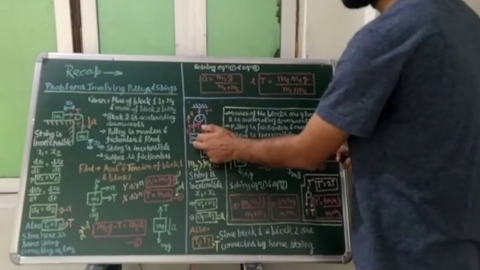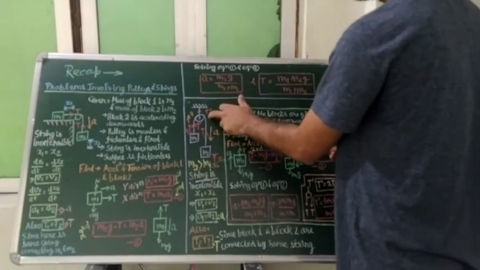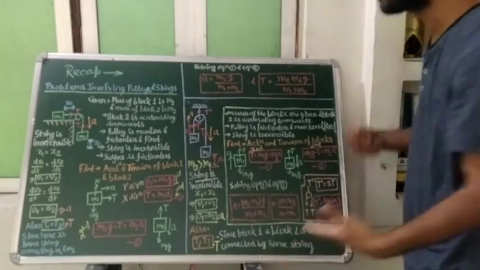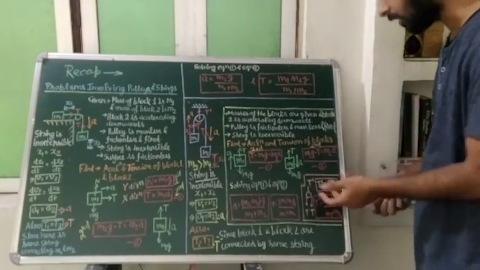For the block m1 tension is in the up direction, so for the pulley it will be in the downward direction to maintain action reaction.